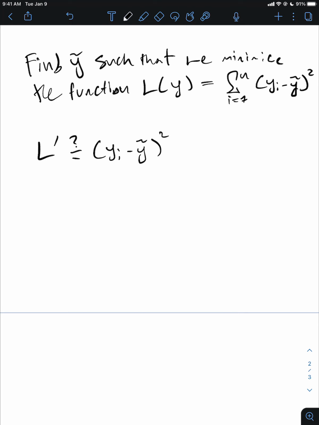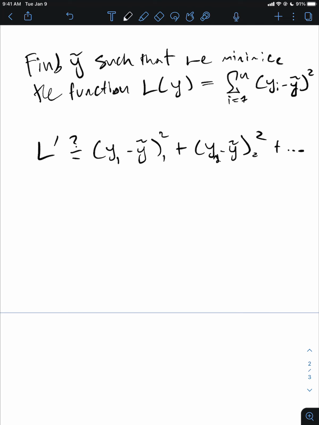So let's replace this with a concrete individual: y1 minus y tilde, and we'll have y2 minus y tilde, squared, and so on. So that's really all that this is telling us to do.